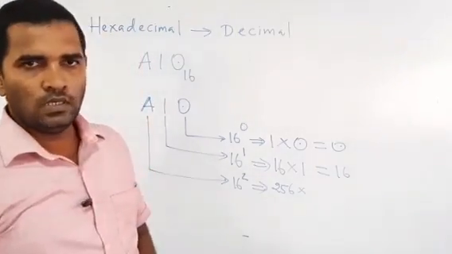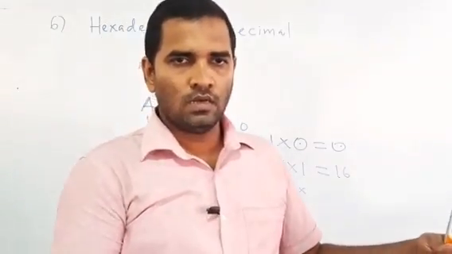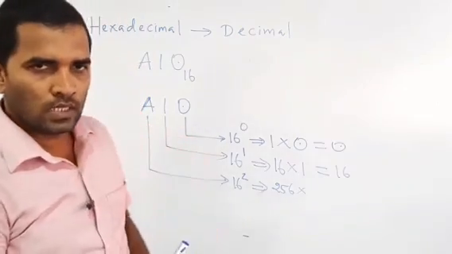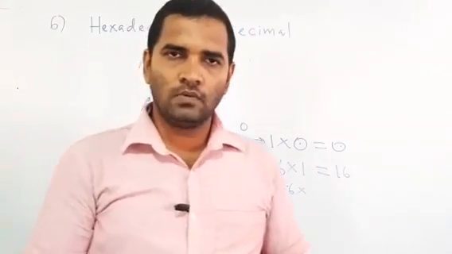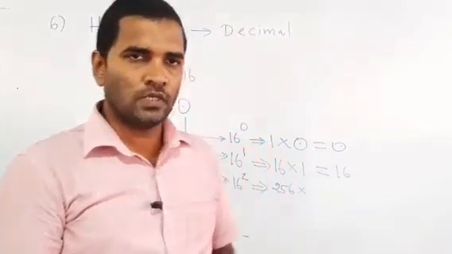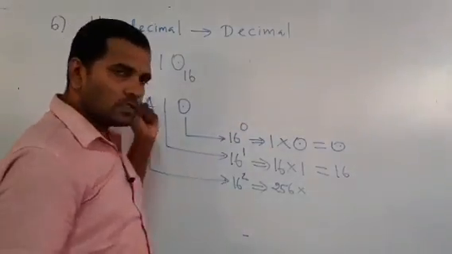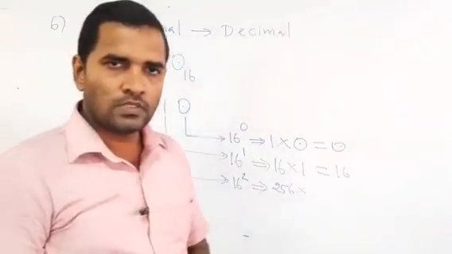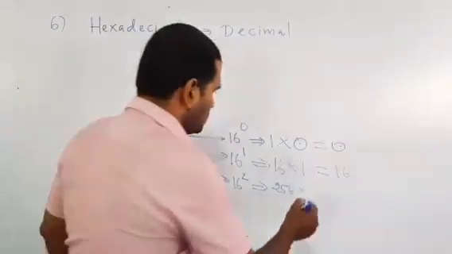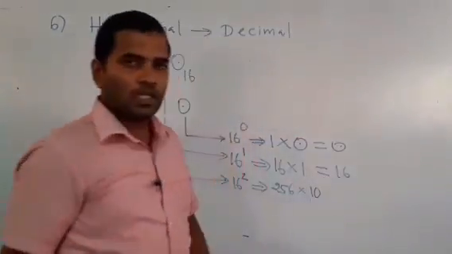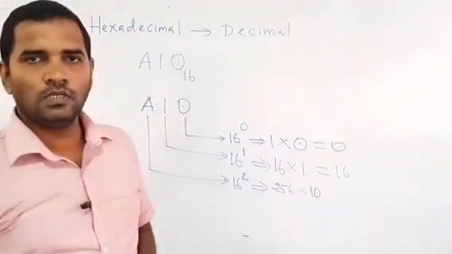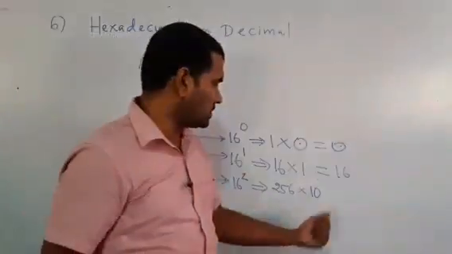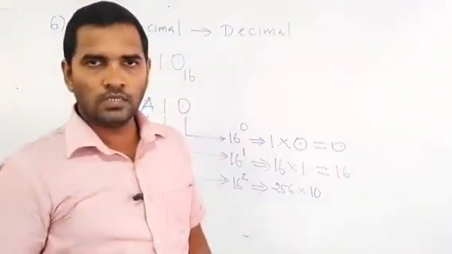But as we studied earlier, in hexadecimal some digits are represented by English letters. So this A represents the number 10, right? So rather than writing A here, write 10. Now 256 can be multiplied by 10.